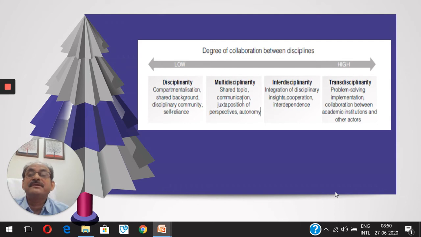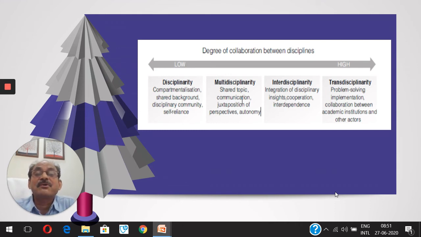This is disciplinary, this is multidisciplinary, this is interdisciplinary, and this is transdisciplinarity. In the disciplinary, we have compartmentalization, disciplinary community, self-reaction.